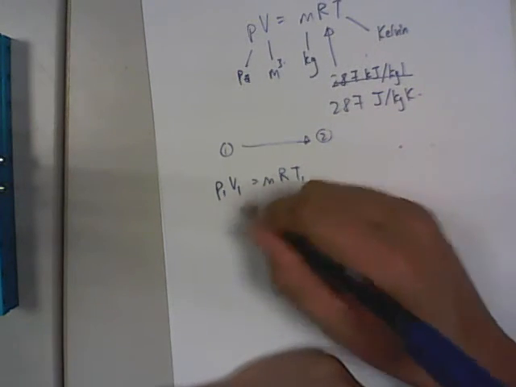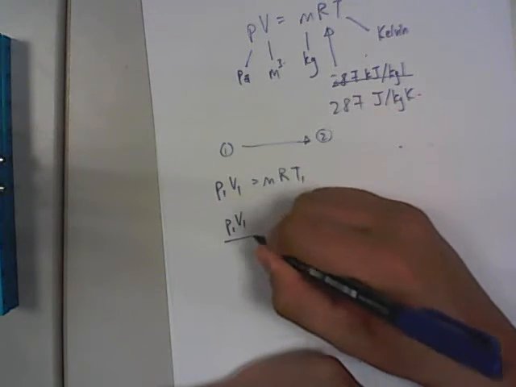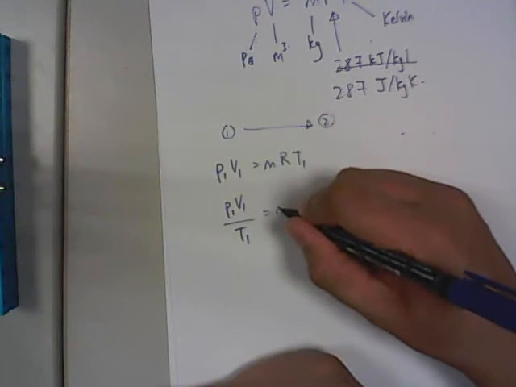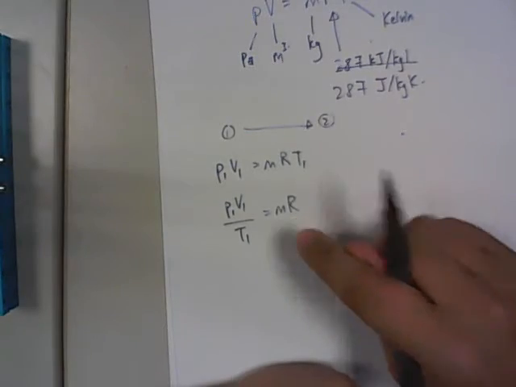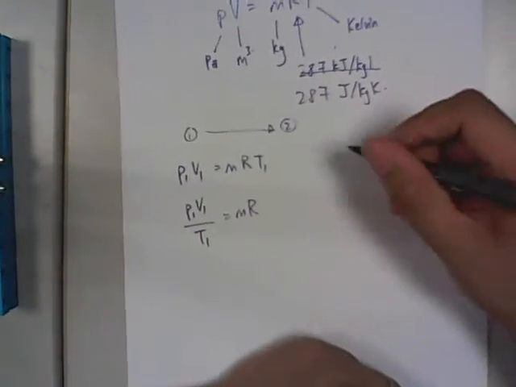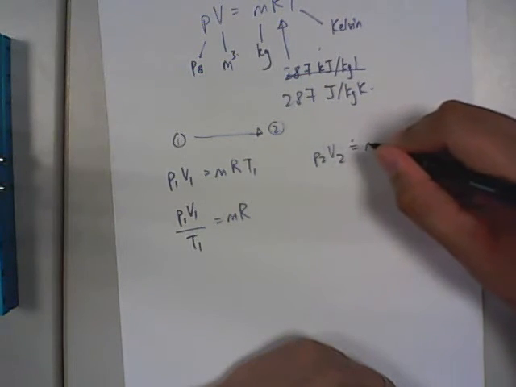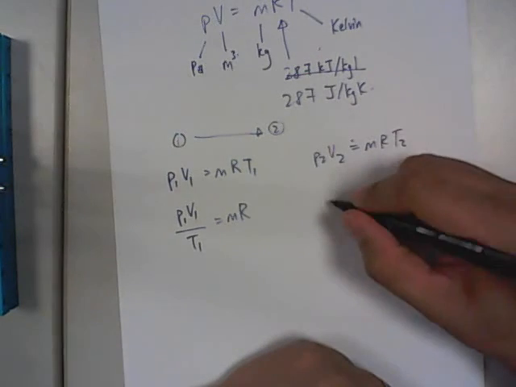So what we can do is we can shift PVT to the left side. What you get is this, and the right side is actually MR. And we know that MR does not change at any moment from 1 to 2. We can also write P2V2 equals MR T2 for state 2.